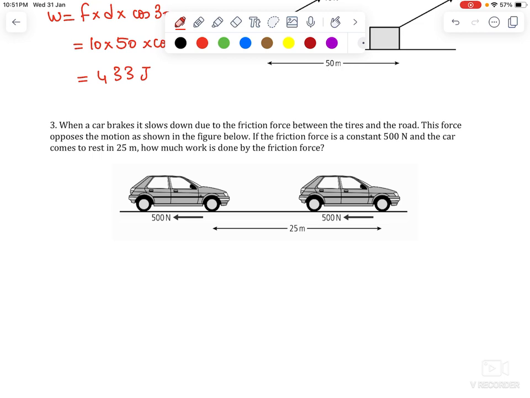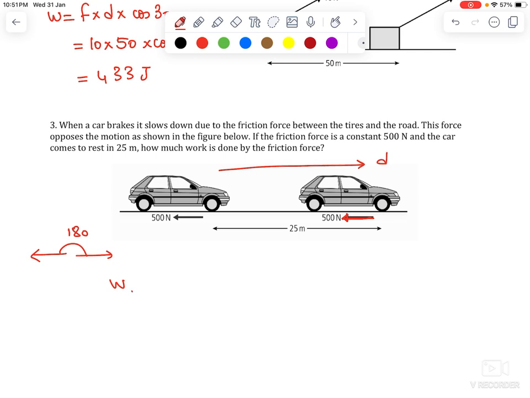So basically, the force is backward, as you can see, and the displacement is forward. So I see that the force and the distance are having 180 degrees.